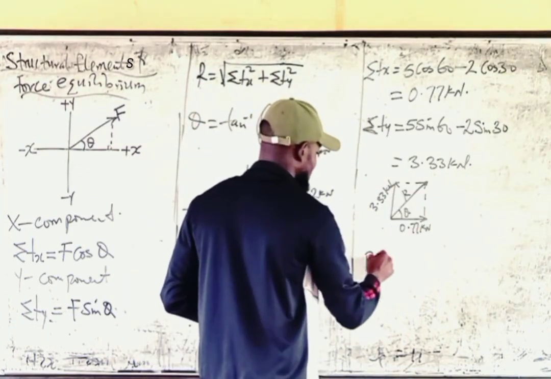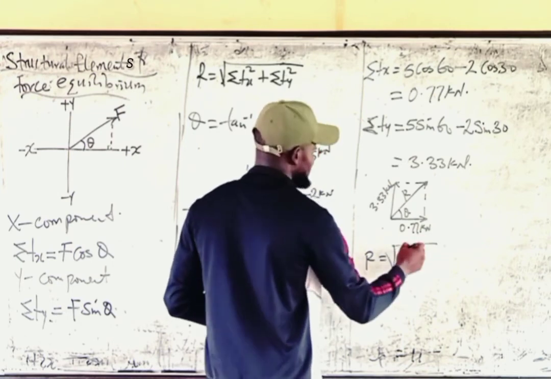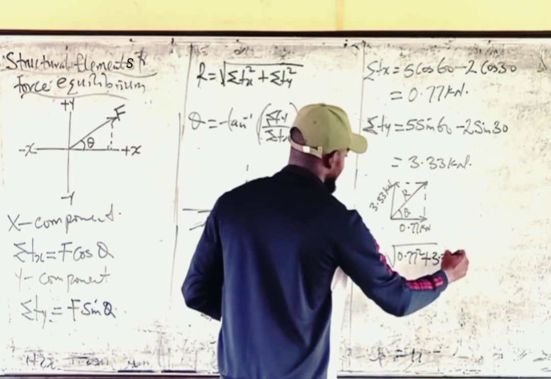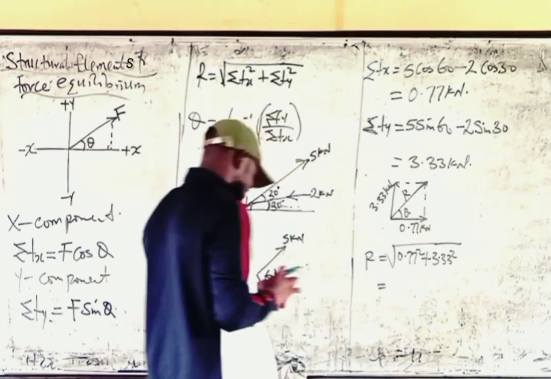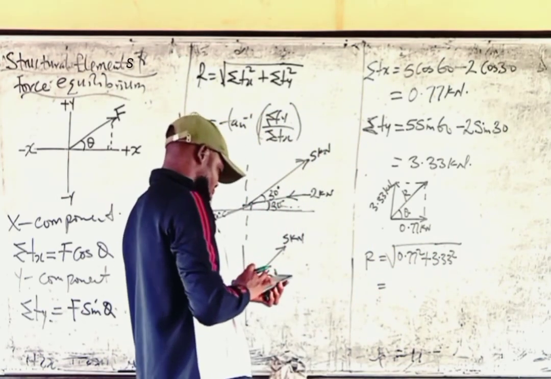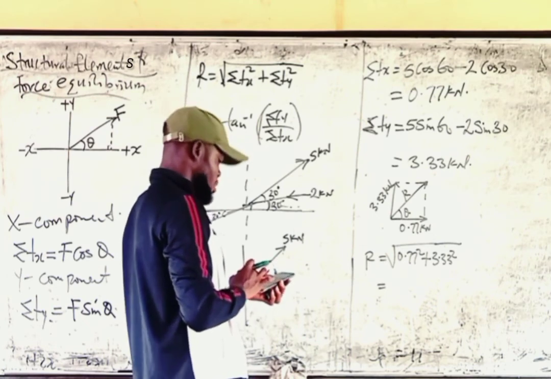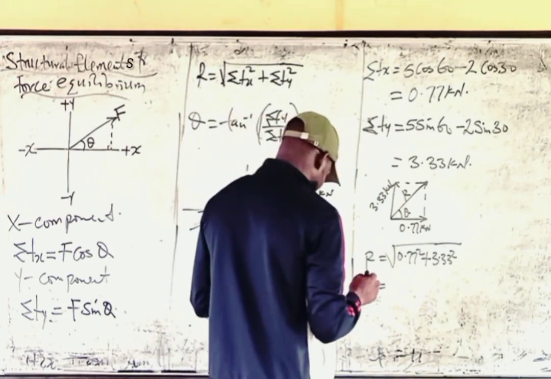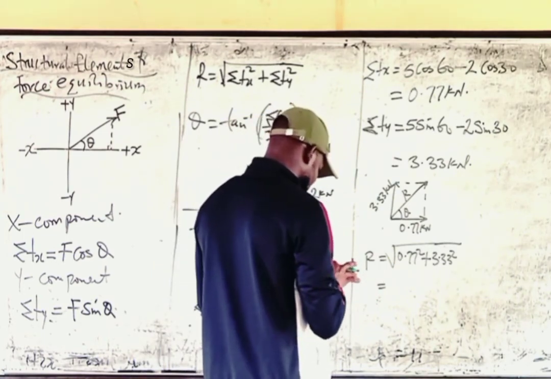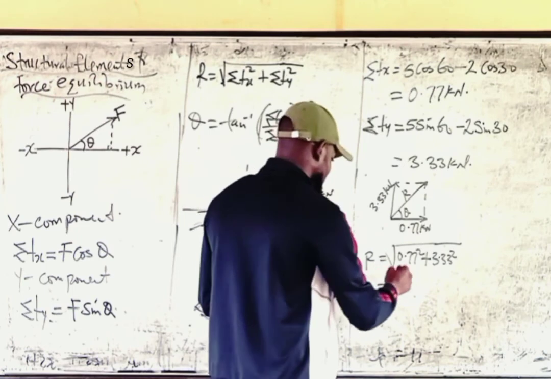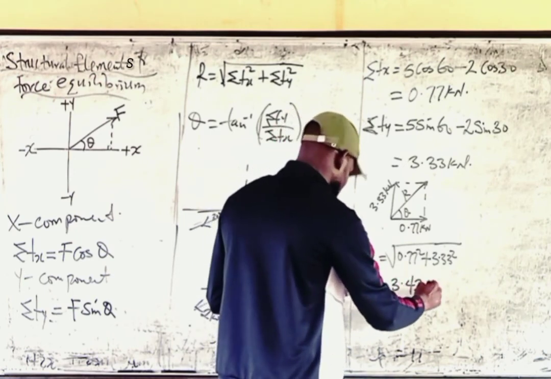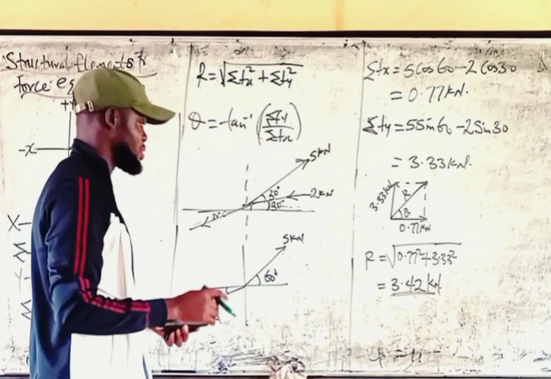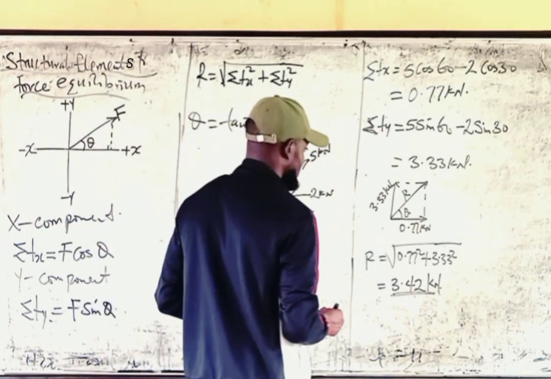Our resultant will be the square root of x squared plus y squared. So if you do this, you are going to have 0.77 squared plus 3.33 squared. Okay, that's 3.33, not 0.33. So it's still 3.42 kilonewtons. That's what I'm still having here. Now let's check the direction.